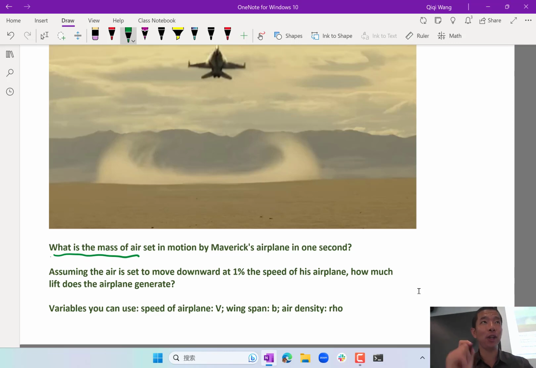My answer is no, you're not allowed to use C. The reason is that if you zoom out and look several spans after the airplane passes, the flow field is dominated by 2 vortices. And actually, the location of the vortices has nothing to do with C.